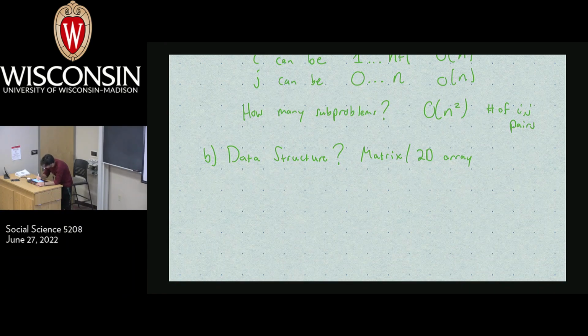I'll call it L. So L of i, j, or let's just call it L, comma j in good Python notation. This will be the subproblem ij. So it's a 2D array, so we're using n squared space as well.